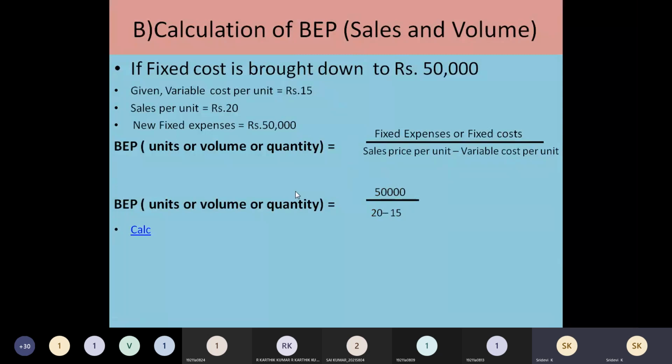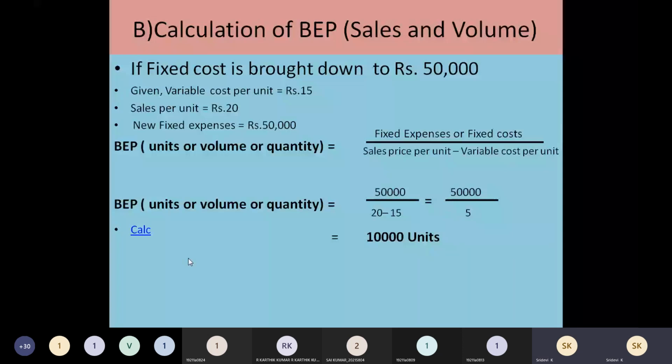That gives you 50,000 divided by 5. Here there is no need of a calculator because you can strike off the 5 in numerator and denominator. That gives you how many units? 10,000 units. So 10,000 units is the break-even point.